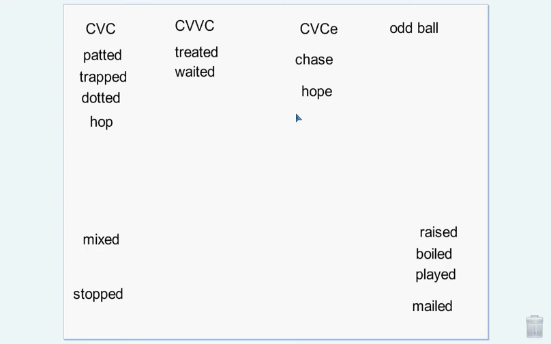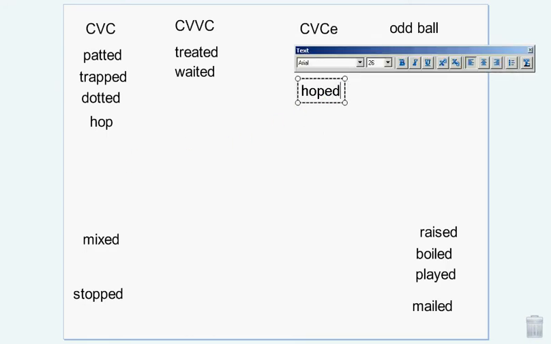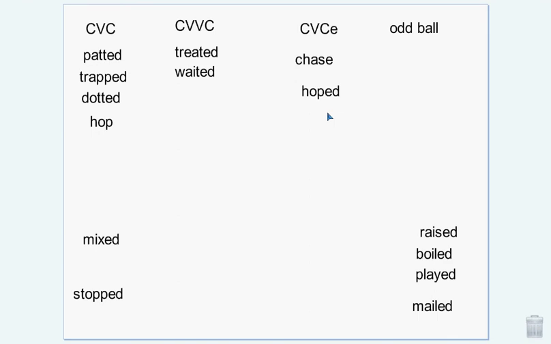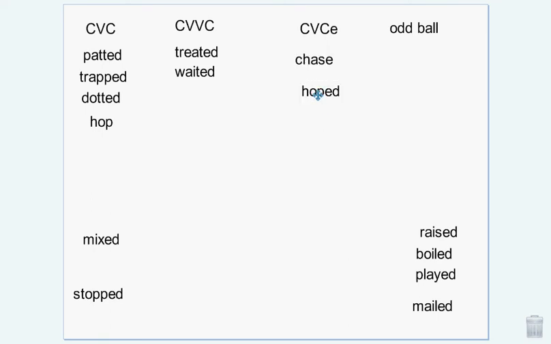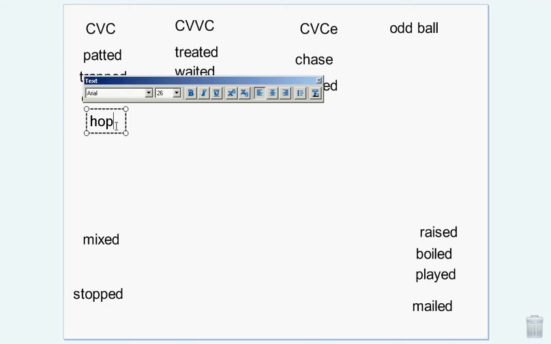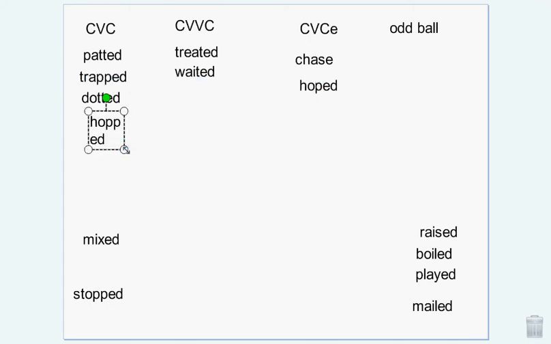Now, when we change these and make them past tense, like I hoped, you just add the D, or you actually go hope, okay, get rid of the E, and then you add ED. So it's called E-dropping. And then over here on hop, we double the P and add ED. So hopped, H-O-P-P-E-D, and hoped, H-O-P-E-D.